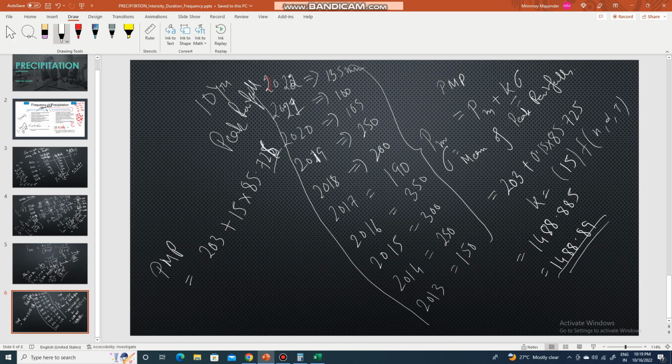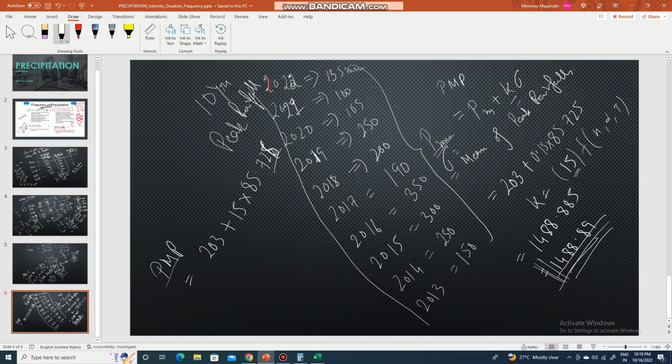However, it has been observed that K is mostly 15. So you multiply K with sigma, the standard deviation, and add the mean precipitation. That gives you the probable maximum precipitation, a precipitation which cannot be exceeded for that catchment at least. For that catchment, no precipitation can exceed this value.